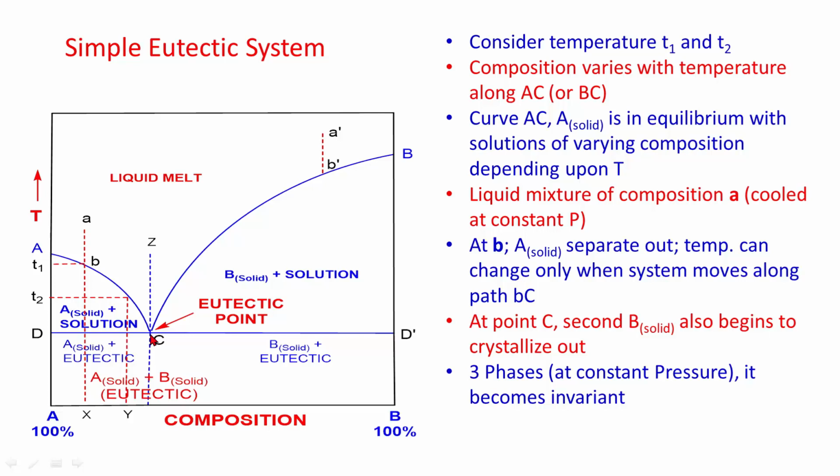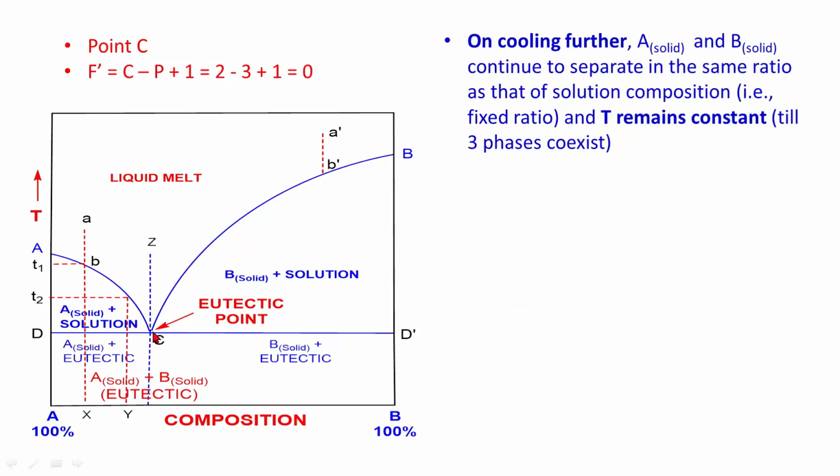Now at this point, we have two solids, solid A and solid B, and the liquid melt which is having composition C. F dash at point C is equal to 0. On cooling further, solid A and solid B will continue to separate out in the ratio of this composition, so that the composition of melt does not change.